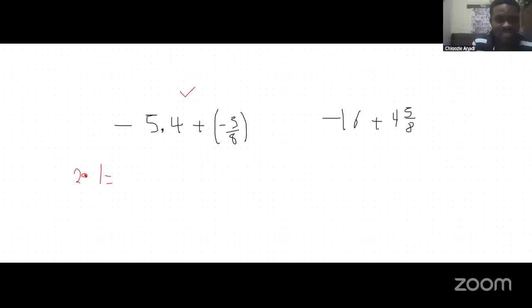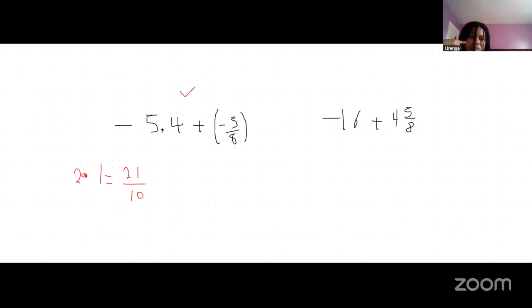So since it's one decimal place, this is going to be over 10. And once you've done that, you just write the number alone, 21. So this is 21 over 10, back to fraction. If I convert 21 over 10 back to decimal, it's going to be 2.1. Are you seeing this?